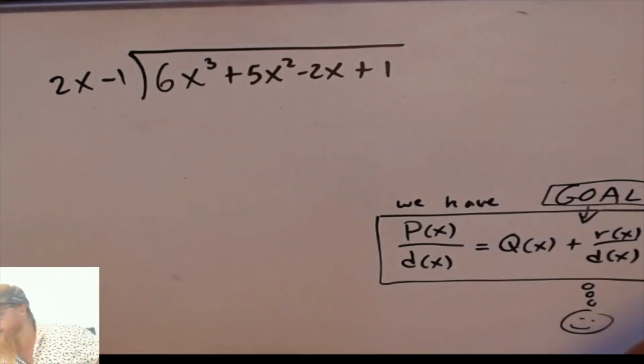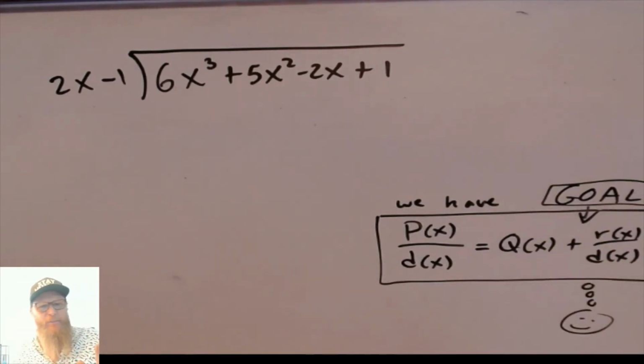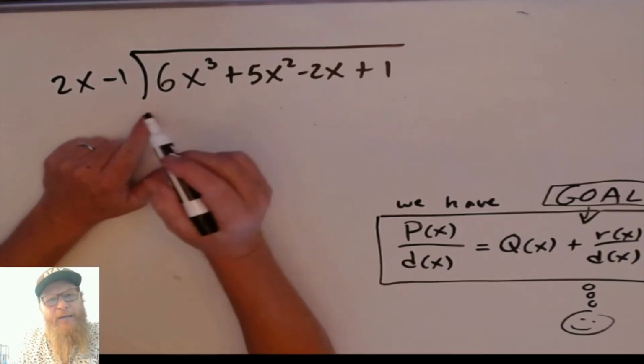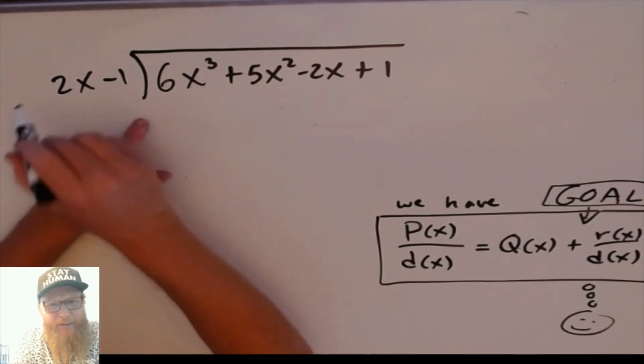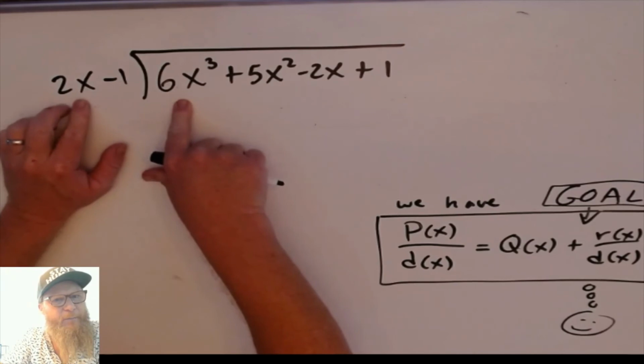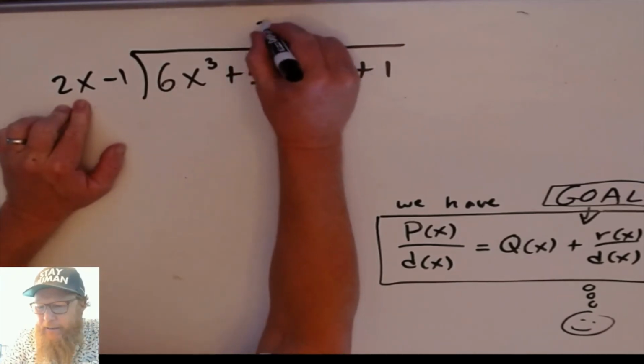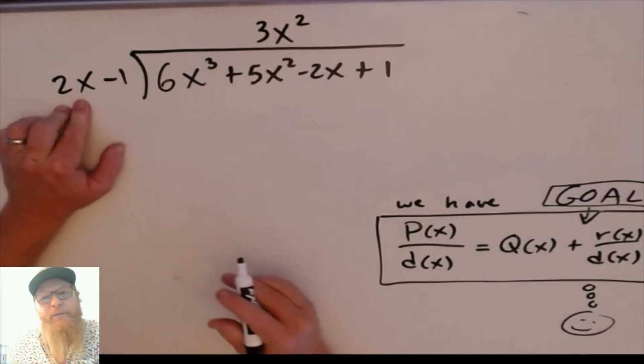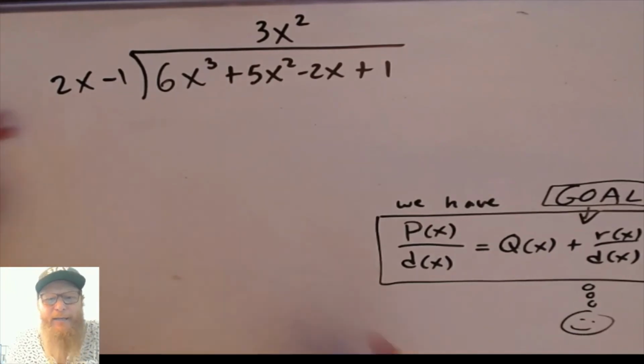Okay, and I already have gone over the long division algorithm in the last video. I'll explain it in a little bit less detail this time. So we're guessing how many times 2x goes into 6x cubed. That would be 3x squared. And again, don't get too hung up on how long it takes to guess that.